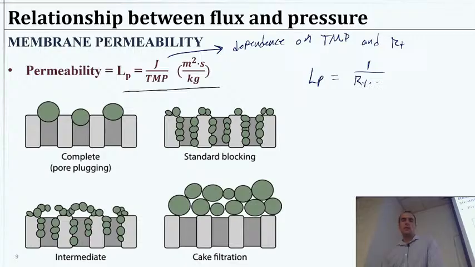Let's just double check that that works out, but I think that would be true, because we said flux was TMP over RT times the viscosity. Yeah, I think so. Okay. Any other questions, concerns?